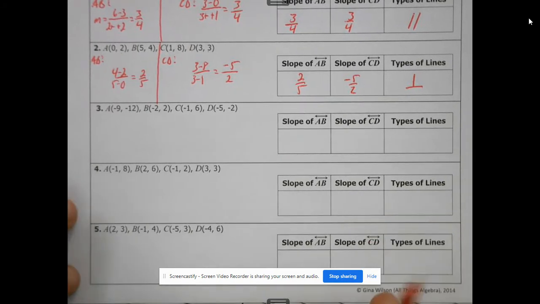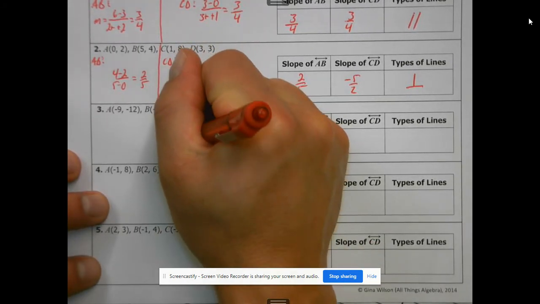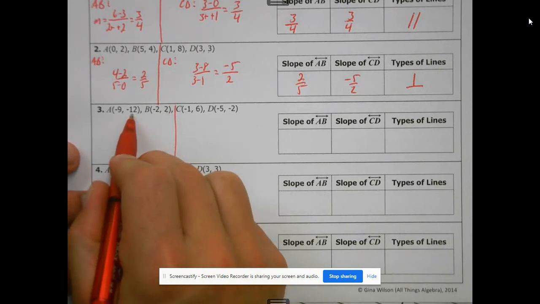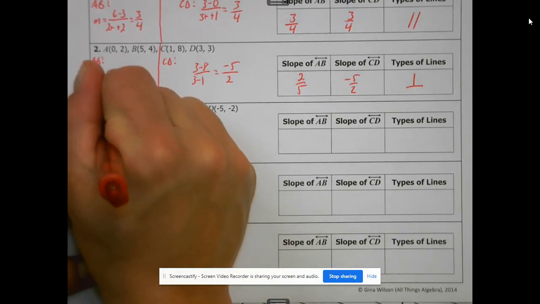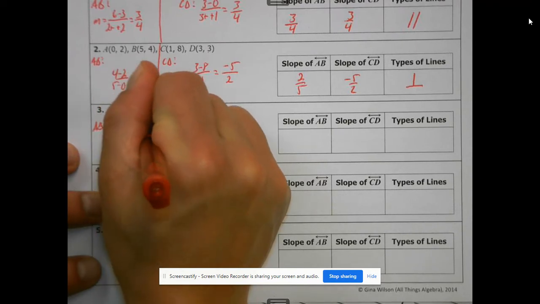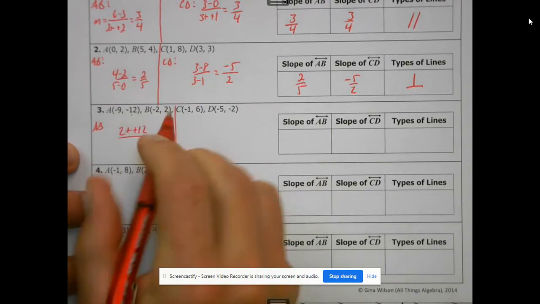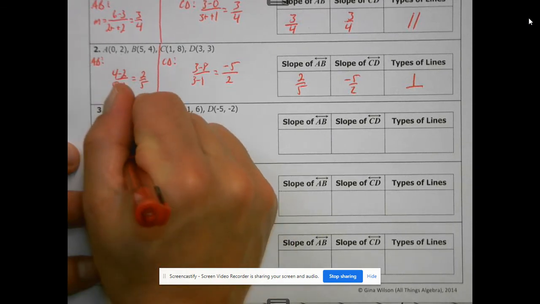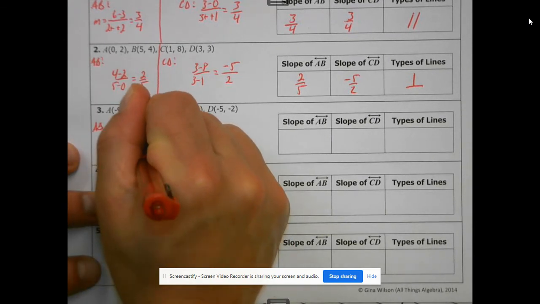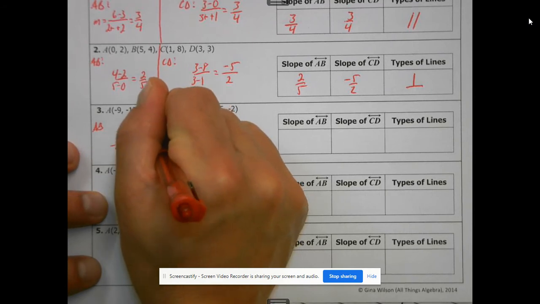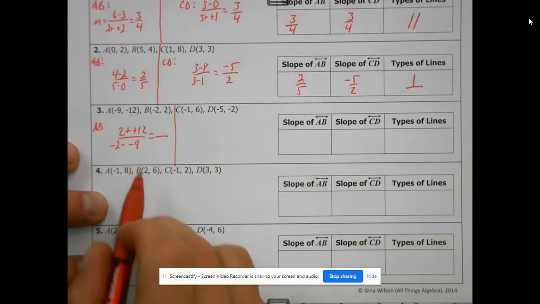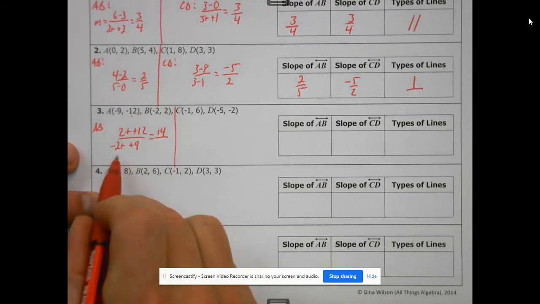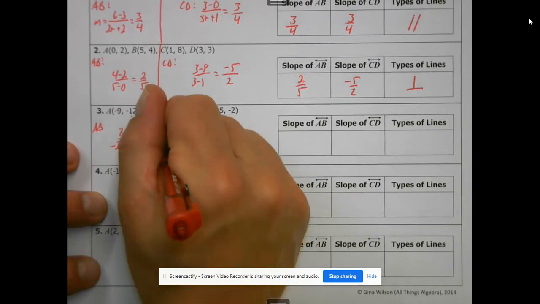Number 3. 2 minus a negative 12. That's a plus plus. Negative 2 minus negative 9. Up top, that gives us a 14. Bottom, that gives me a positive 7.